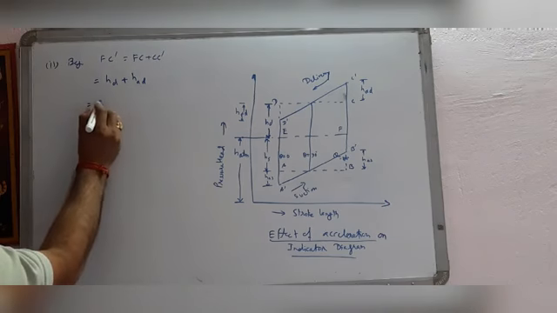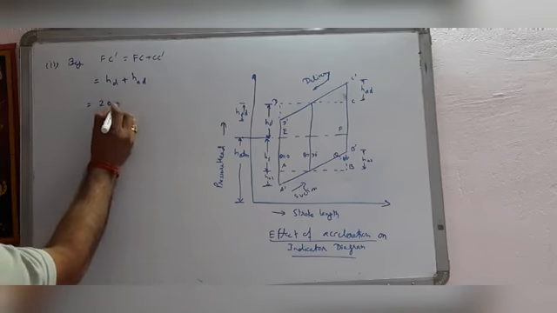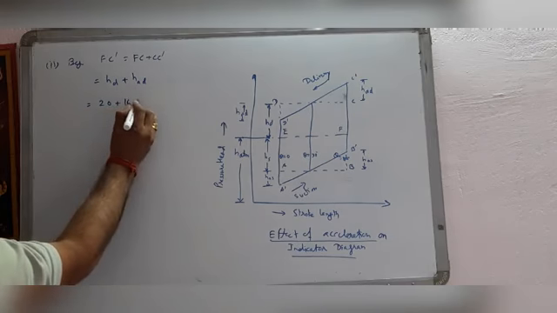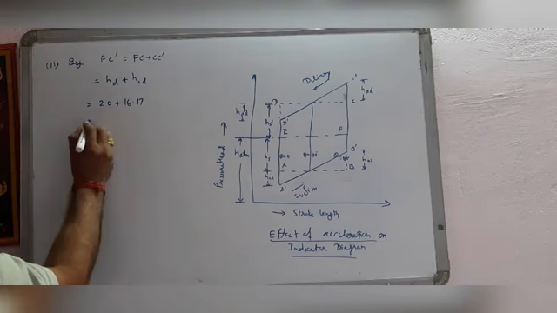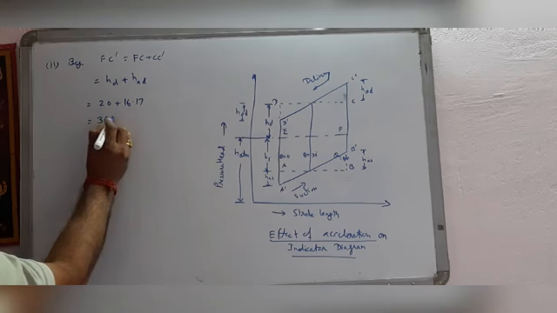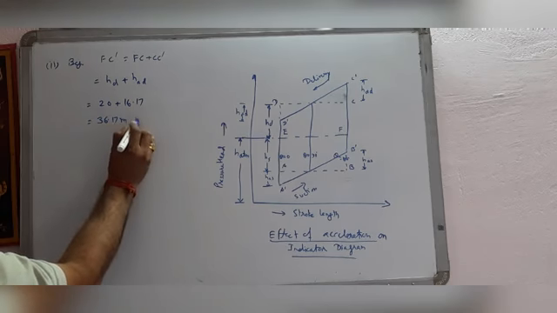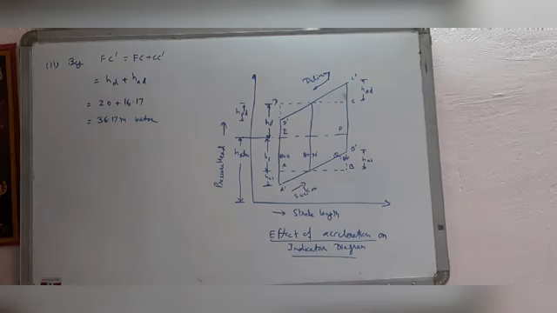So putting the values, this is 20 plus 16.17 equal to 36.17 meter of water above atmospheric pressure.